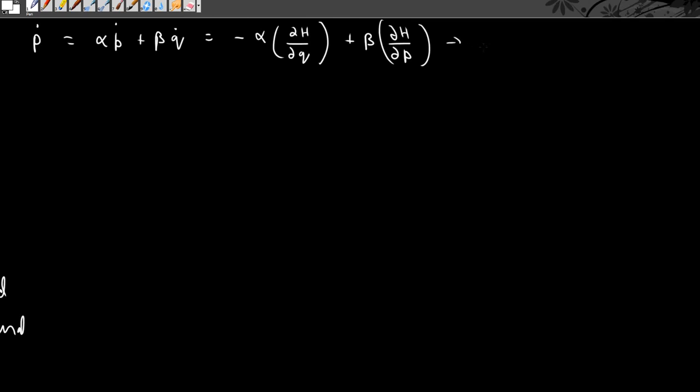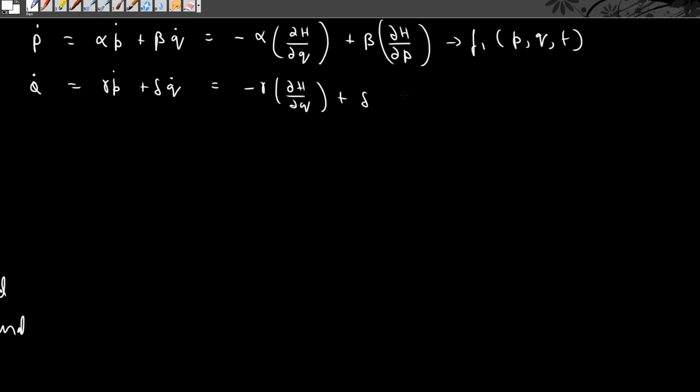This I am going to call F1, which is going to be a function of P, Q and t, because our Hamiltonian is a function of P, Q and t. Similarly, our capital Q dot will be equal to gamma p dot plus delta q dot, which is equal to minus gamma times dou H by dou q plus delta times dou H by dou p. This let me call F2 of P, Q, t.